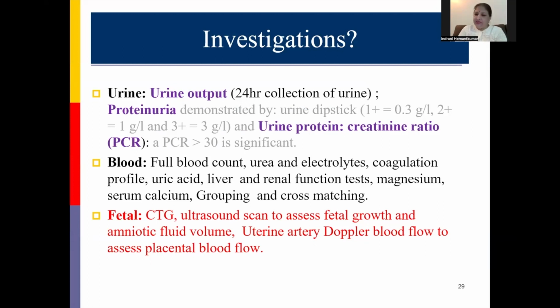And if the patient is on magnesium, you have to do serum magnesium, serum calcium, because patients who have hypocalcemia are prone to develop preeclampsia, much higher chances of getting preeclampsia than those with normal calcium levels, grouping, cross matching. And you have to do a cardiotocograph, the ultrasound to know the fetal growth, amniotic fluid volume, uterine artery Doppler blood flow, all this to assess the placental blood flow.